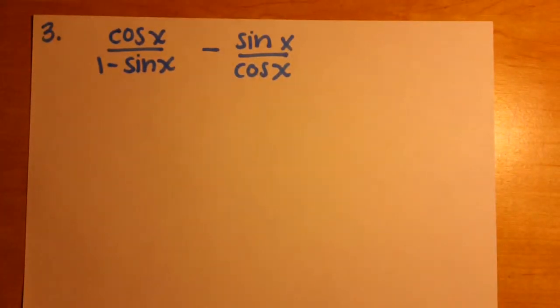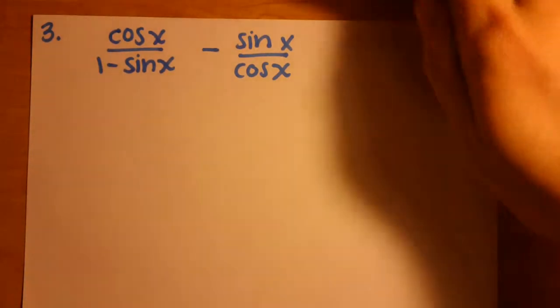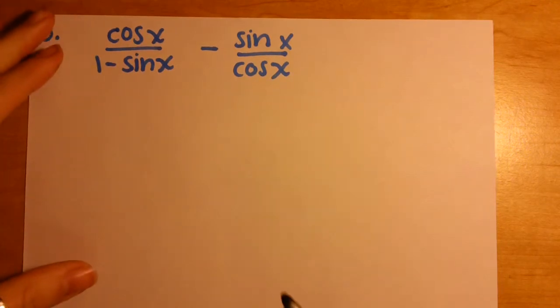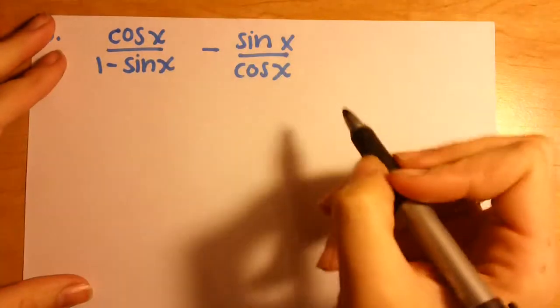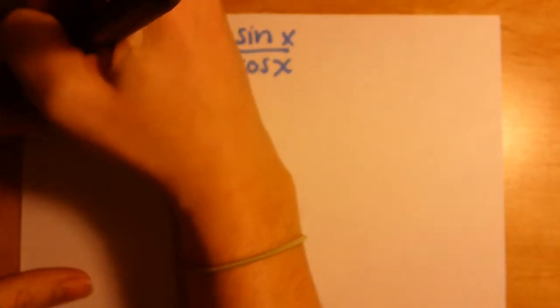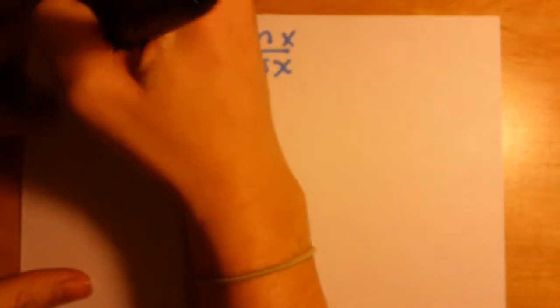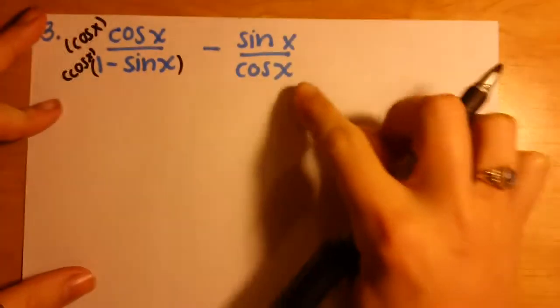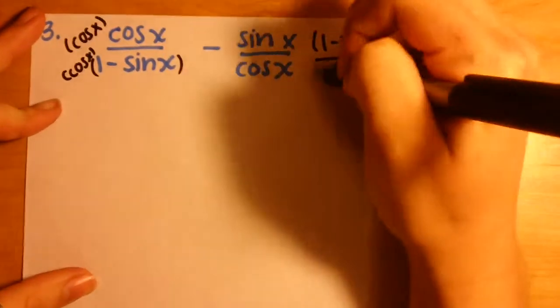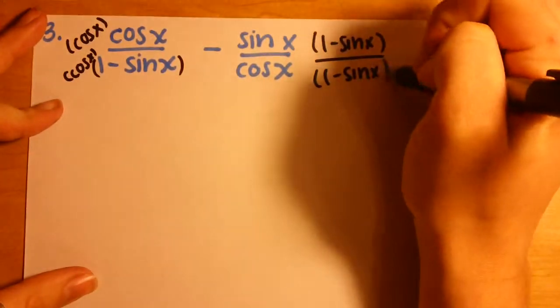We have cosine of x all over 1 minus sine x minus sine x over cosine x. So here we can find a common denominator. We're going to multiply top and bottom here by cosine of x, put some parentheses there, and then multiply this side by 1 minus sine x over 1 minus sine x.